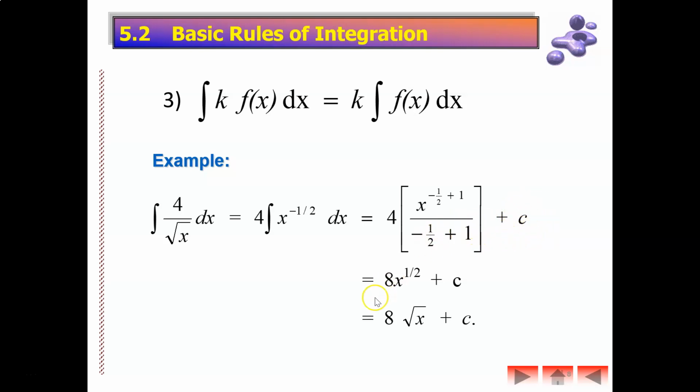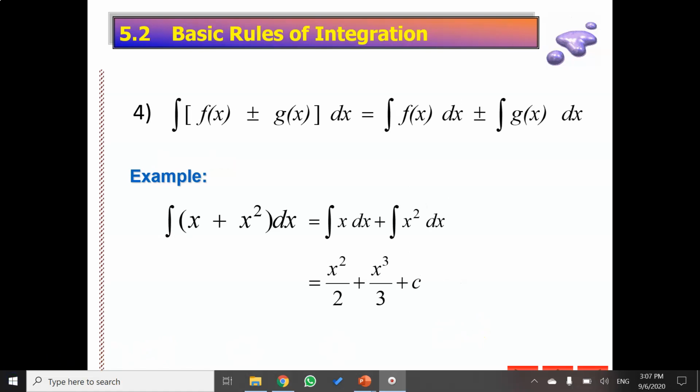So when you simplify this, 4 times this whole thing, you will get 8x to the power of 1 over 2 plus c. And x to the power of 1 over 2 is actually equal to the square root of x. So you will get 8 square root of x plus c.